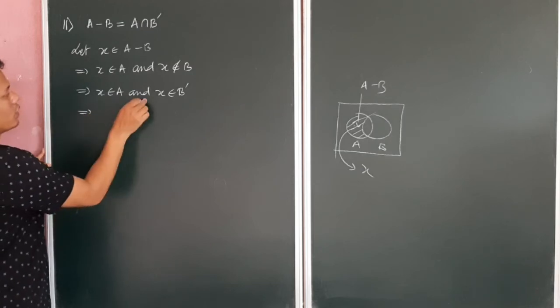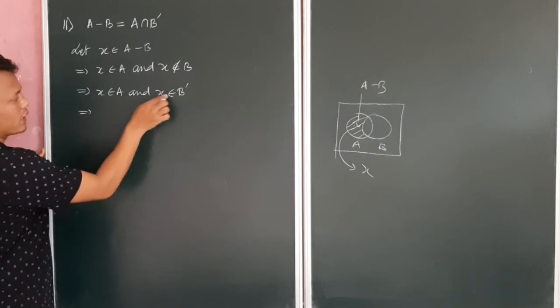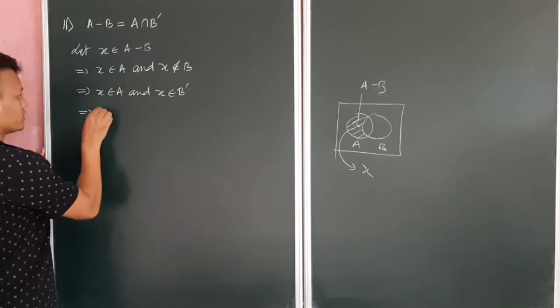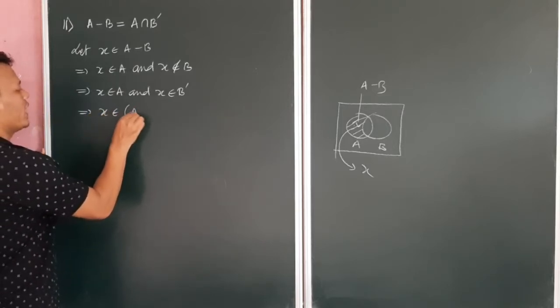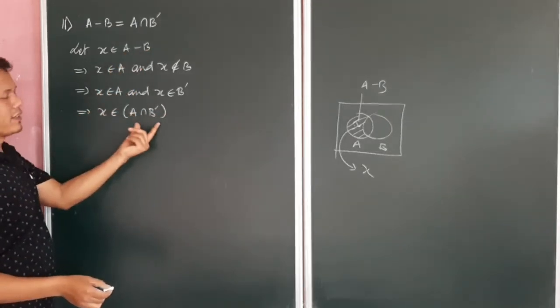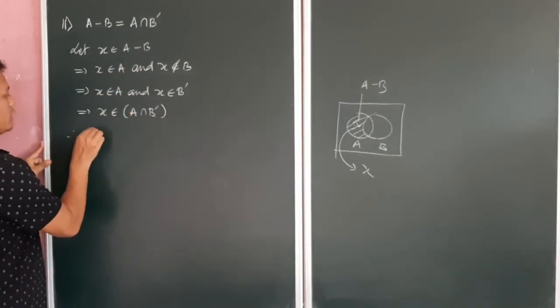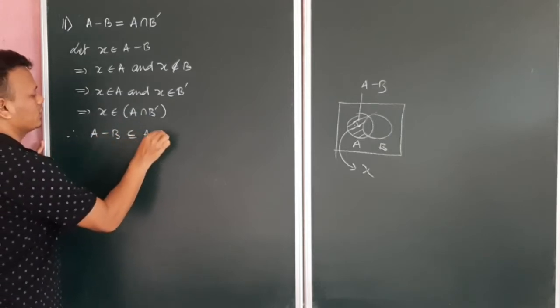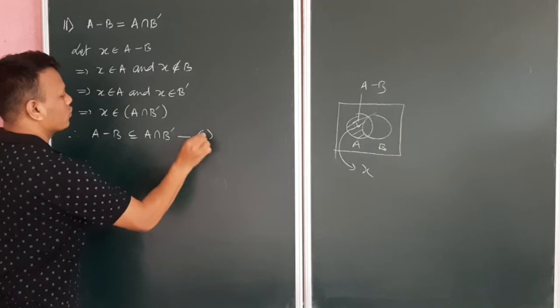So if you combine using, see, both have belongs to, so that's why this and becomes your intersection. So X belongs to A intersection B dash. So I started with this, landed up here. So this means that A minus B is a subset of A intersection B dash. So call this as equation 1.